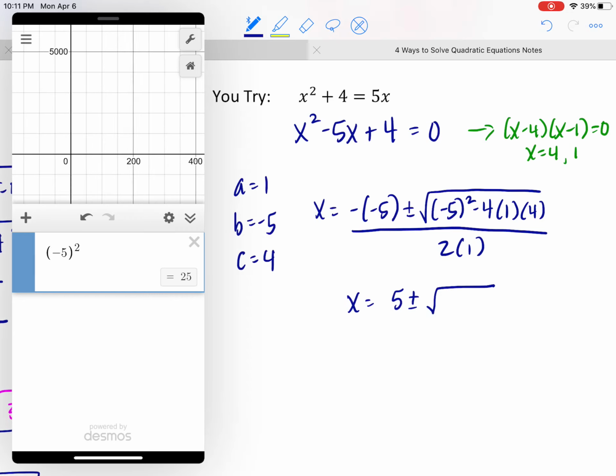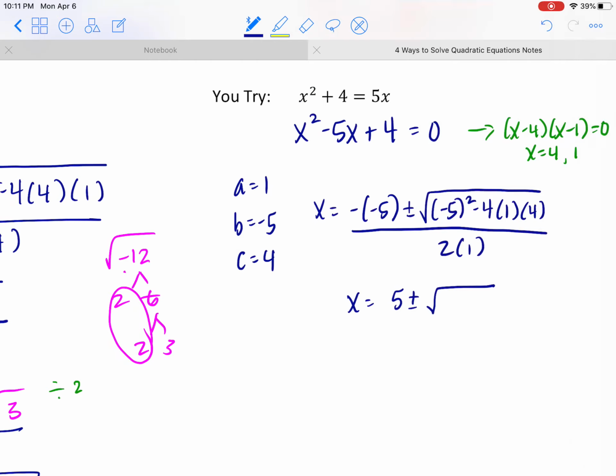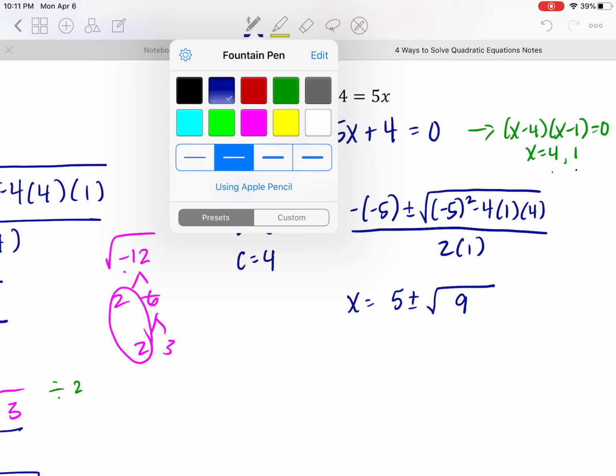So we have a positive 5 plus or minus, under the radical should be a perfect square. So -5 squared, minus 4 times 1 times 4, and there it is, 9.